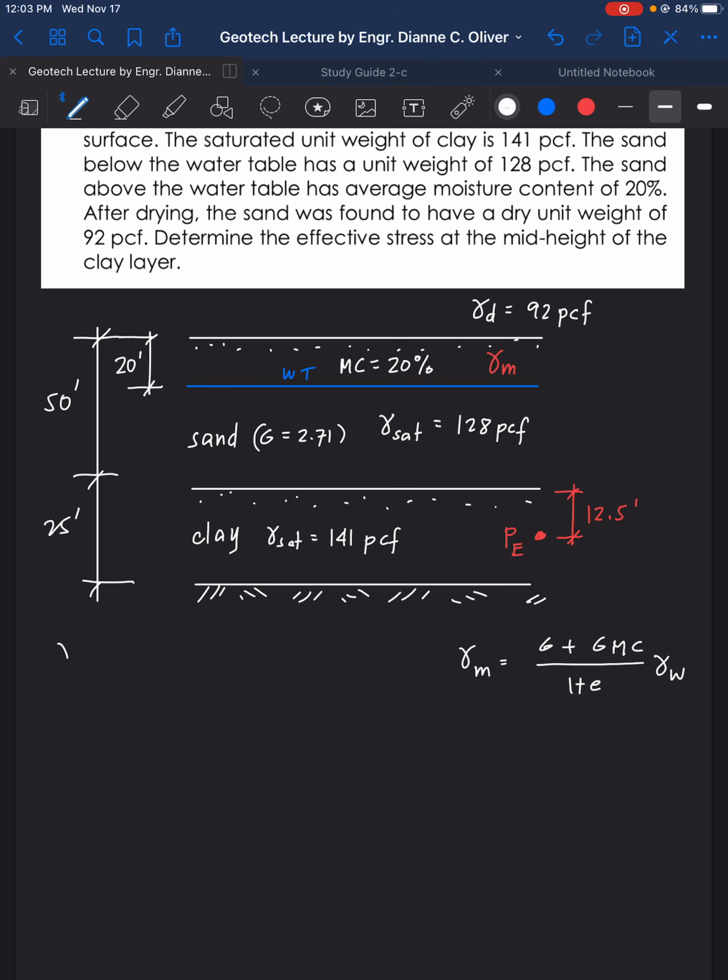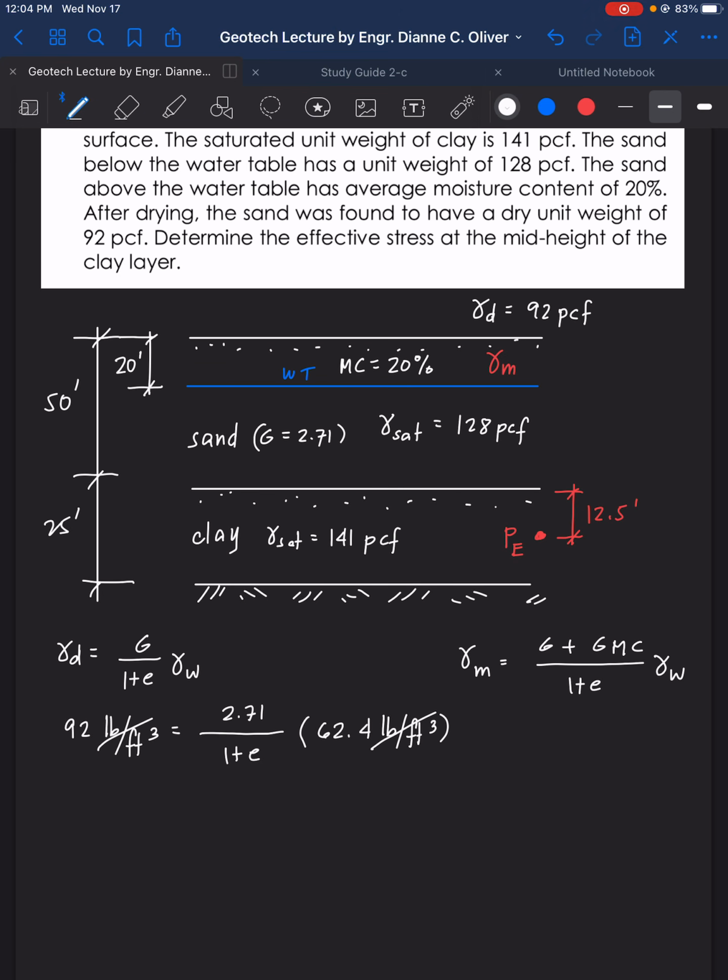So given gamma D is equal to G over 1 plus E, times gamma of water. So we have there 92 pound per cubic foot is equal to G of 2.71 all over 1 plus E, and then gamma of water in English system, that is 62.4 pound per cubic foot.